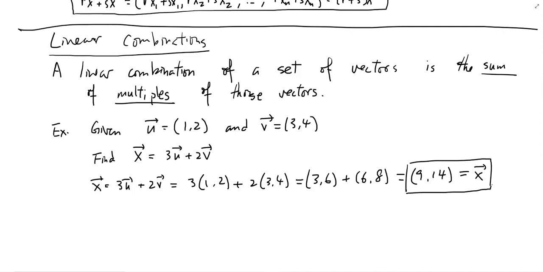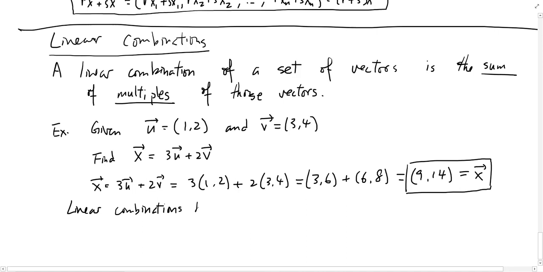So therefore you can think of a linear combination between vectors as also closed. It also has the closure property.